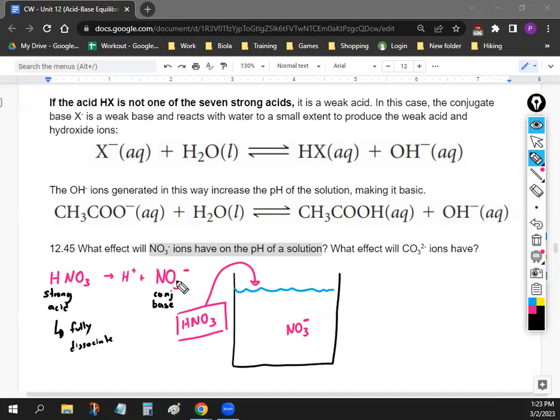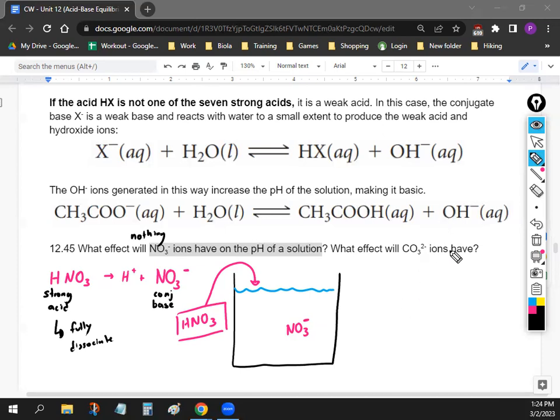You think it should affect this. But because it's a strong acid, that's why it's important to be able to recognize strong acids. Because it fully dissociates, NO3 minus will not have an effect on its ability to dissociate. So the answer to part one right here will be nothing. It will not affect the pH.